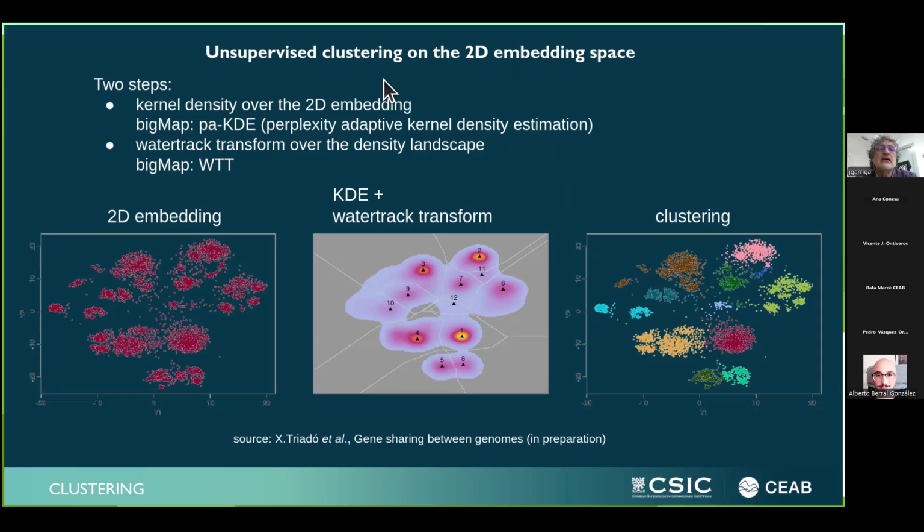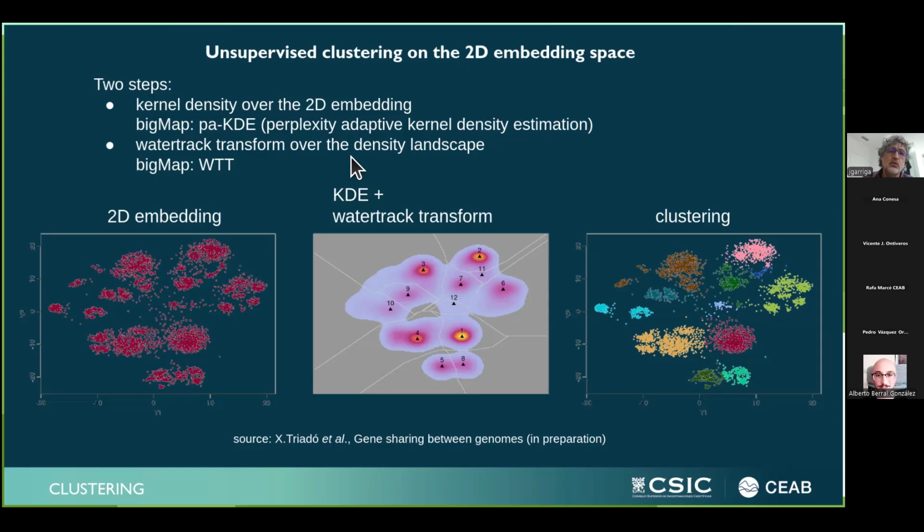The clustering consists of two steps. In the first step, we build a kernel density over the two-dimensional embedding. For this, we use a perplexity-adaptive kernel density estimation. This is an algorithm that we specifically developed in BigMap. We are using the same approach that we use to perform the embedding from the high dimensional to the low dimensional space.